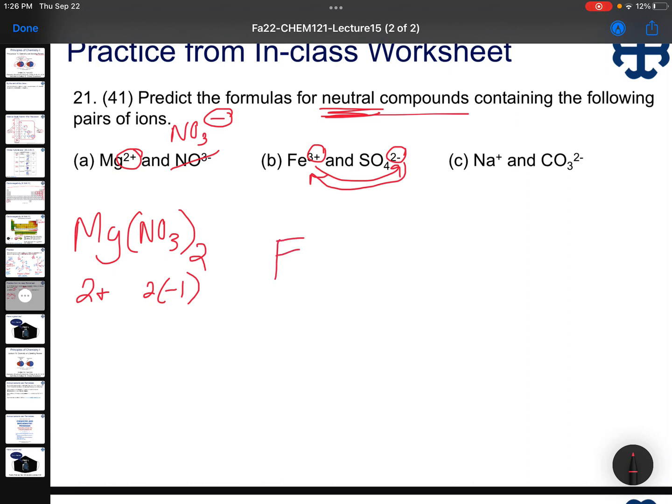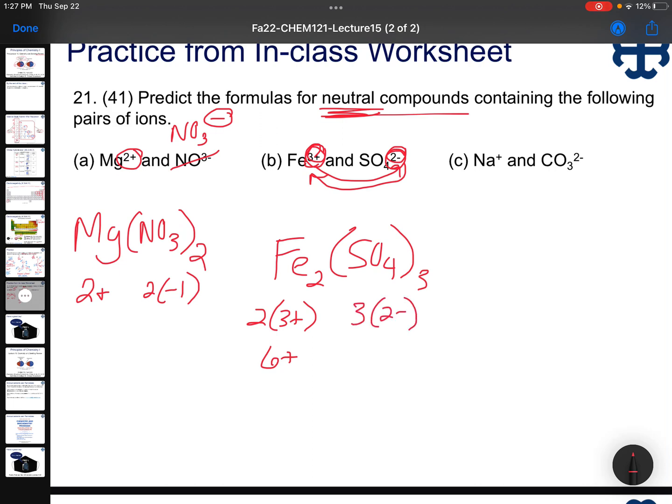So iron would be iron 2 because of our 2- charge on sulfate. And then sulfate, SO4 2-, we would need 3 of, because we have the 3+ from iron. And so then we would have 2 times a 3+ charge to be 6+ total. Our sulfate would be 3 times the 2- charge for a 6- total, and so overall that would be neutral, right?